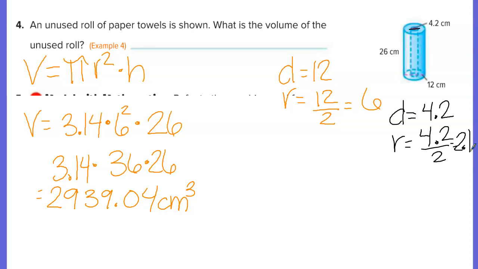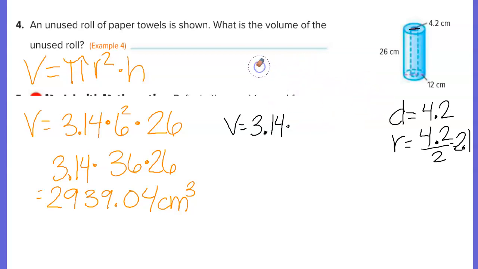So I use the same formula. The volume is going to be 3.14 times my radius, which I found to be 2 1/10 squared, times the height of this cylinder, which is actually the same as my big cylinder, so times 26.